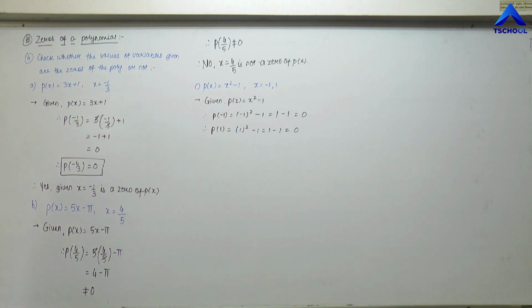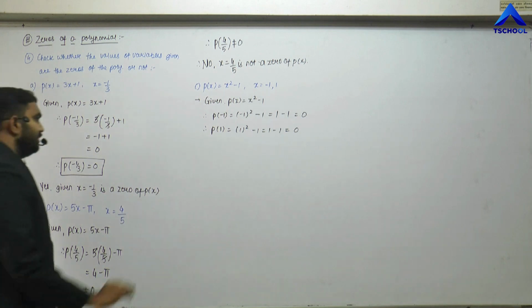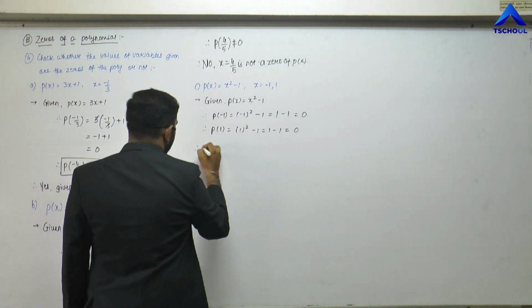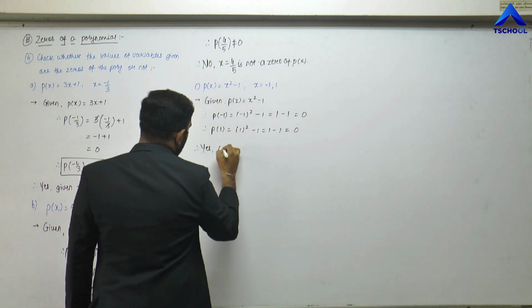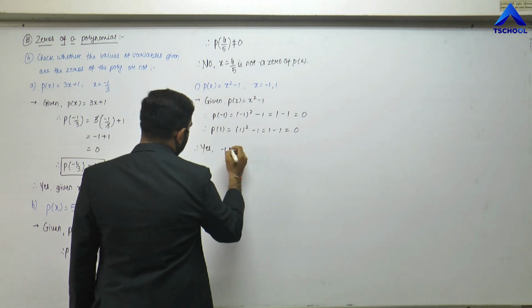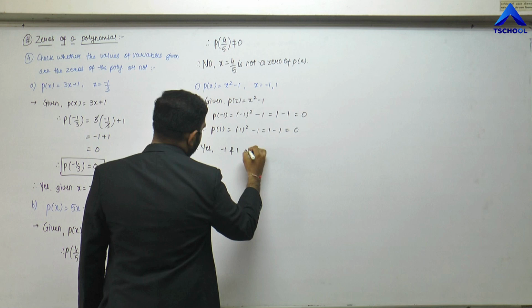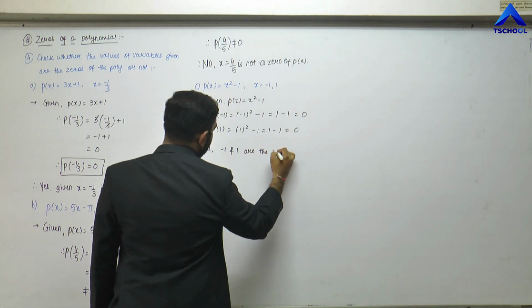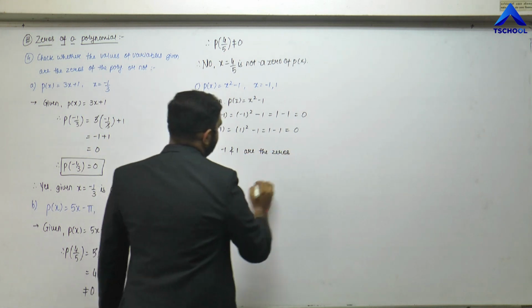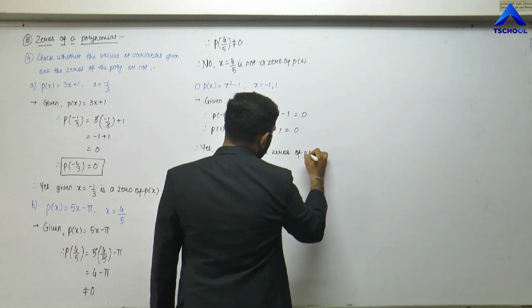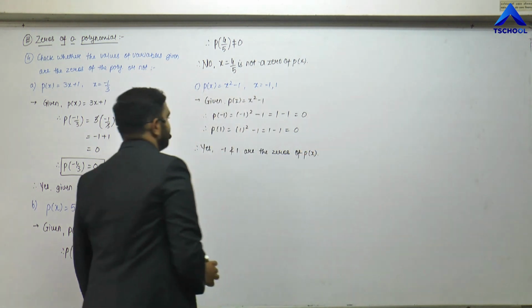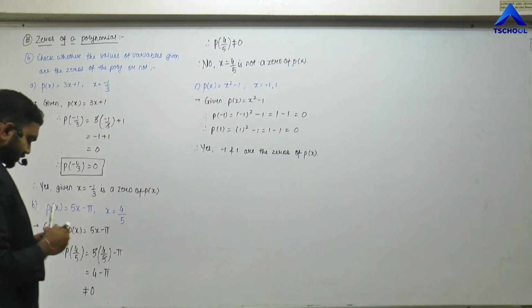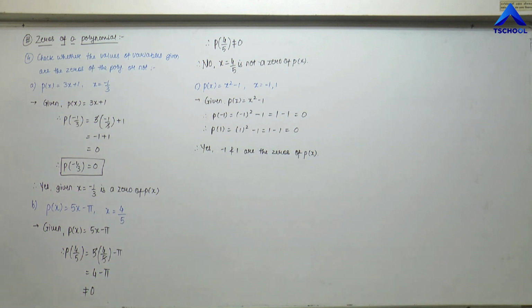So in both the cases we got the value 0. Therefore, yes, minus 1 and 1 are the zeros of the polynomial p of x, right? Minus 1 and 1 are the zeros of the given polynomial p of x.